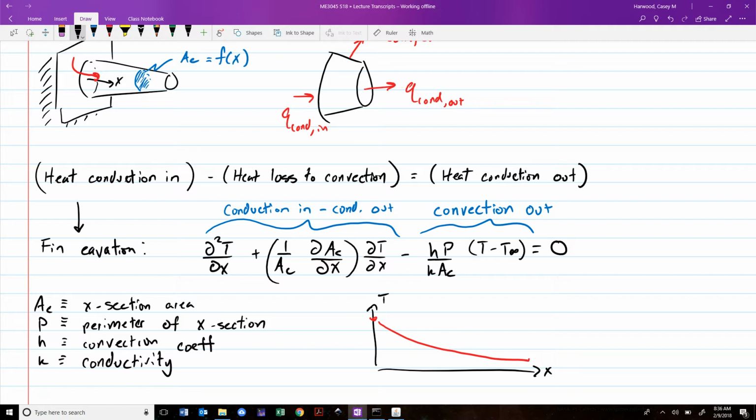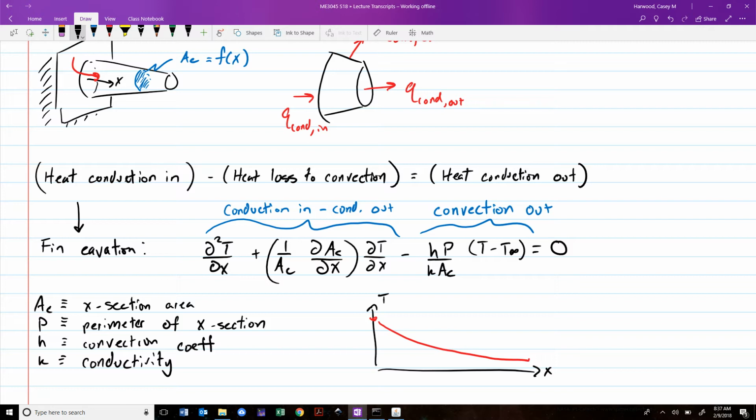So this is derived in the same way we derived the heat equation, first law applied to a little chunk of matter, but we've made some simplifications based on assumptions peculiar to this pin geometry. That is, we've assumed that one end is at fixed temperature, that there is convective cooling all around the perimeter, and that it is very long relative to its thickness.